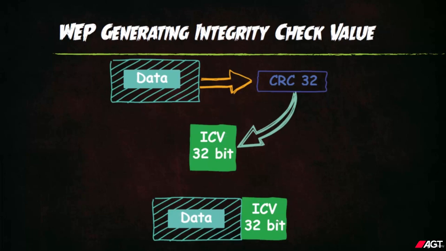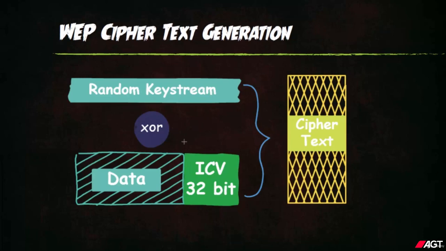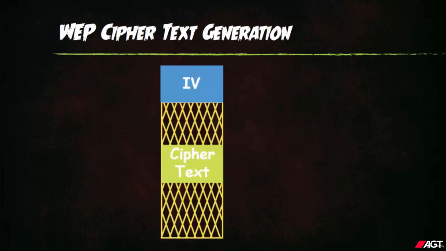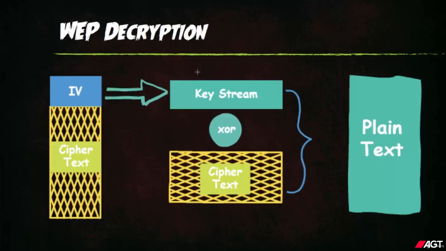We combine the 32-bit ICV with the data, and we perform the XOR operation with the random key stream on it, so that we get a ciphertext. Then we pass this ciphertext along with the IV, the initialization vector, to the client or supplicant. So the supplicant can decrypt this ciphertext in the same manner. So this is how the WEP algorithm works.